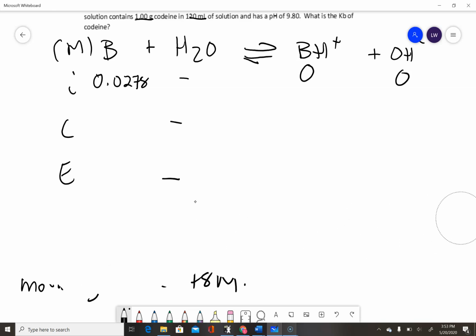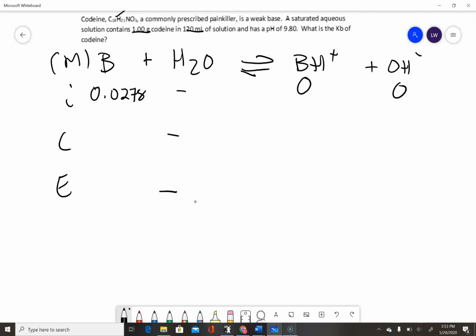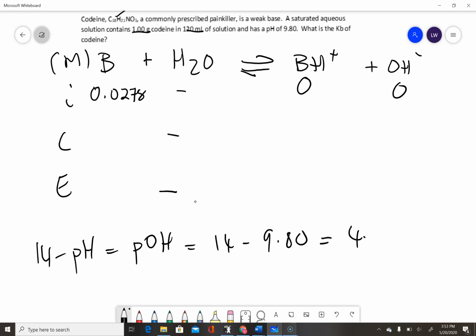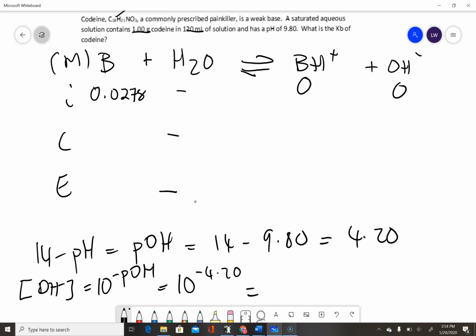Okay, so now let's see if we can solve. We're given the pH. It's not very helpful because what we really need is the equilibrium OH minus. But if I do 14 minus the pH, I can get the pOH. So 14 minus 9.8 is going to give me 4.20 for the pOH, and I know that the OH minus is just equal to 10 to the minus pOH, which would be 10 to the minus 4.20.